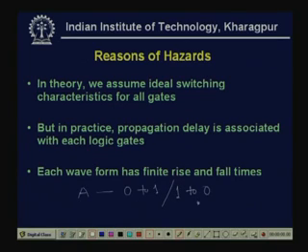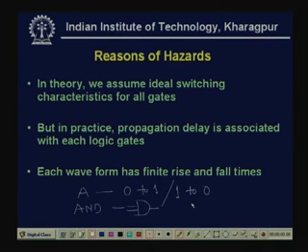This is a switching, and we call this an ideal switching. But in practice, a propagation delay is associated with each logic gate. Say this is an AND gate, a simple case of a 2 input AND gate, or this can be a dot operation.